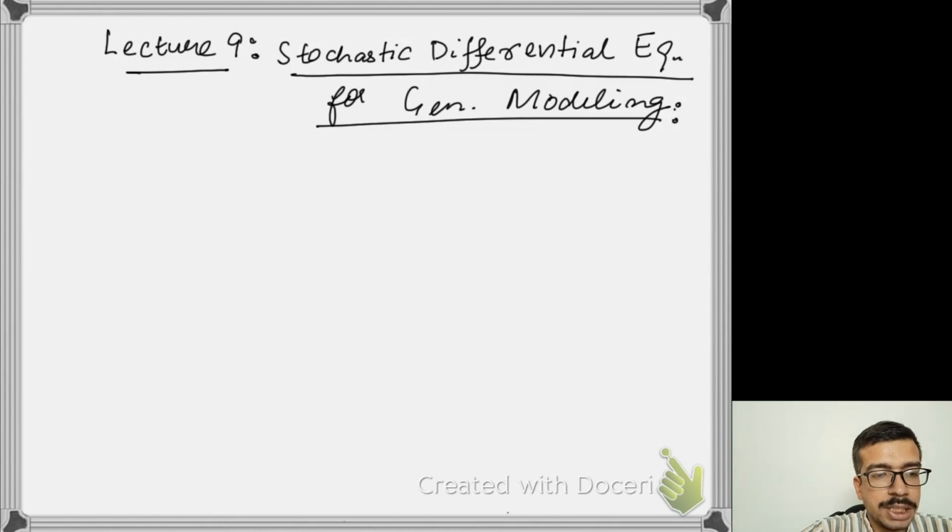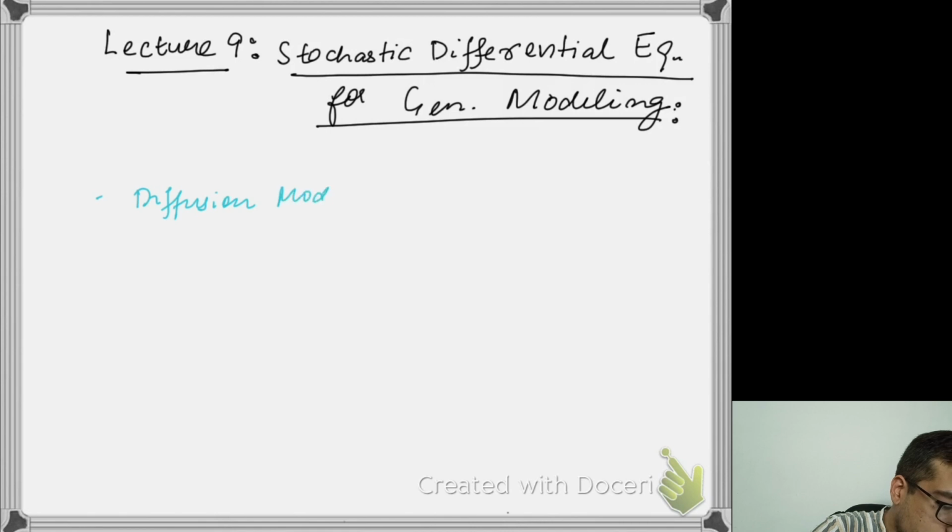So we have already seen diffusion models. We have also seen score based models, and in a sense both of these use a discrete number of time steps in order to sample a point from the data.